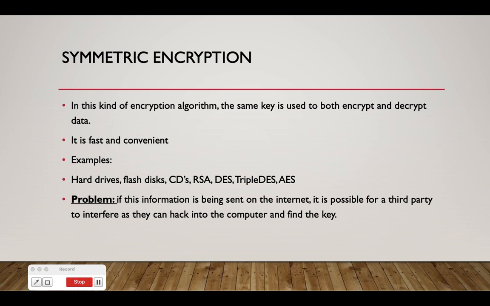Some examples, we have the hard drives, flash disks, CDs, and the RSA, a type of encryption algorithm. We have the DES, triple DES, and the AES. The problem with this type of encryption is that if the information is being sent on the internet, it's possible for a third party to intervene, as they can hack into the computer and find the key.